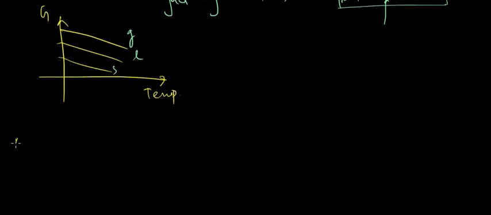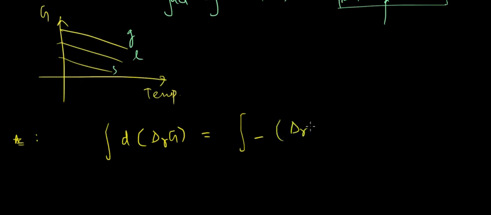Now let us see what happens for chemical reactions and phase change, where d of delta_rG would be equal to minus delta_rS dT. Okay, so this is the case for chemical reactions or phase change at constant pressure.